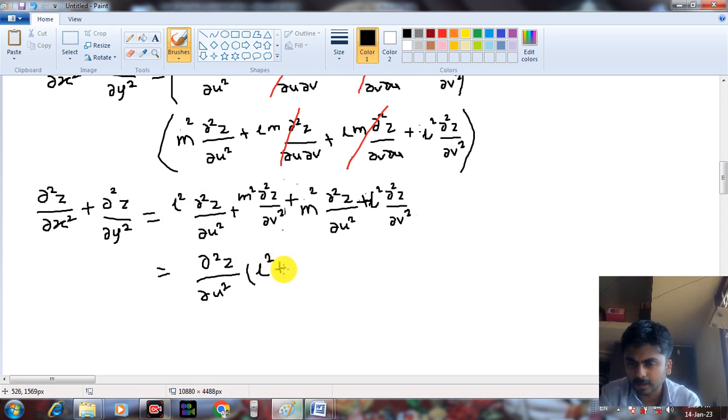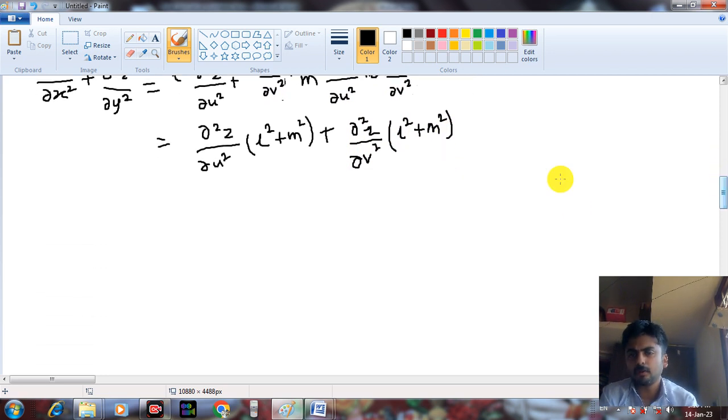Okay, L square plus m square, and after that we can take dou square z divided by dou v square as common term, and we will get L square plus m square.